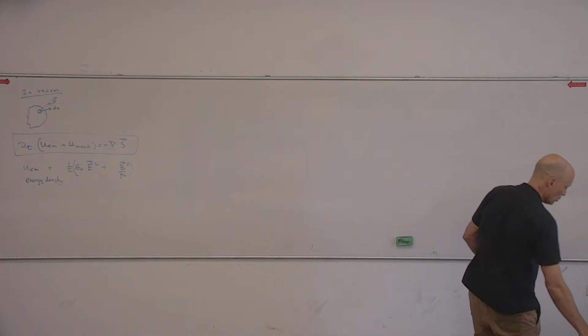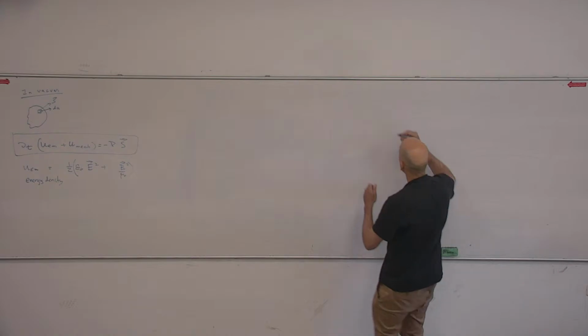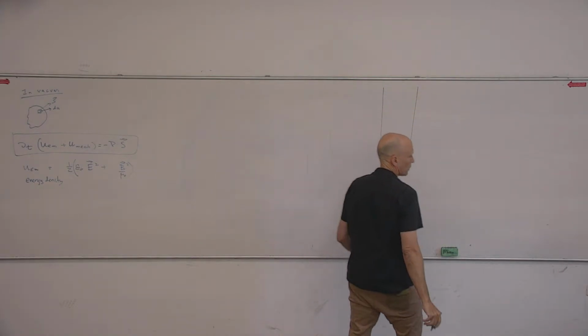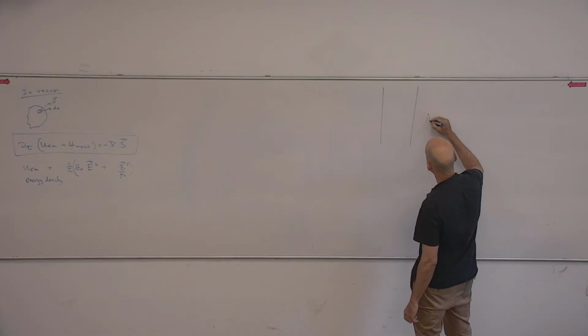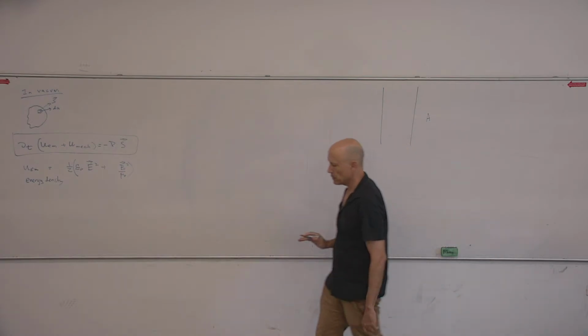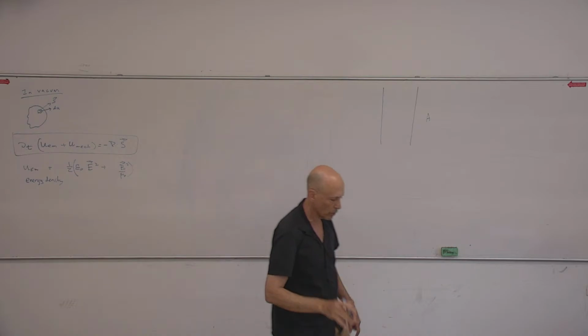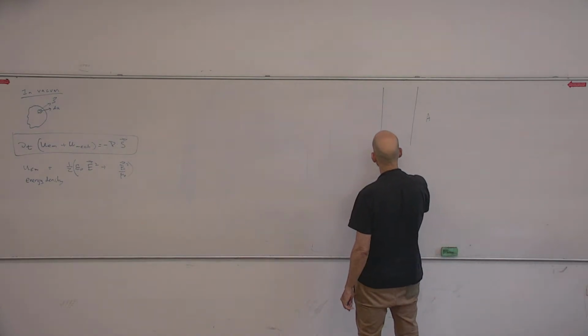So let us assume, of course, we're going to idealize, so to make the math very simple. Let us assume we have two plates, and these are infinite plates, and their surface is A. That's the size of each one of them. This A goes to infinity because I don't want to calculate really complicated things. And here I have a charge density.